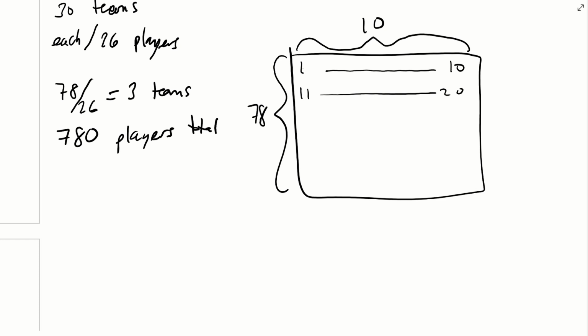You could select a random player from the first row, from 1 to 10. And let's say you selected this individual. And then you can do every 10th individual after that. So if I do player 9, then I can choose player 19, then 29, and so on and so forth. And when I do this, I would get 78 players, right?